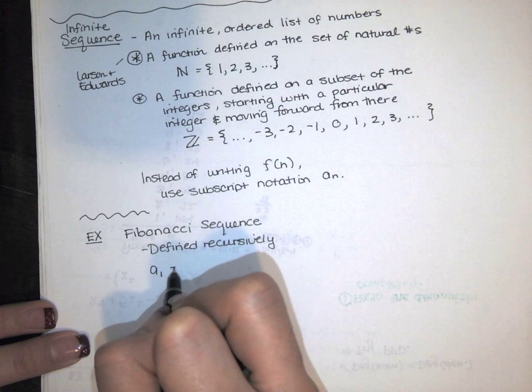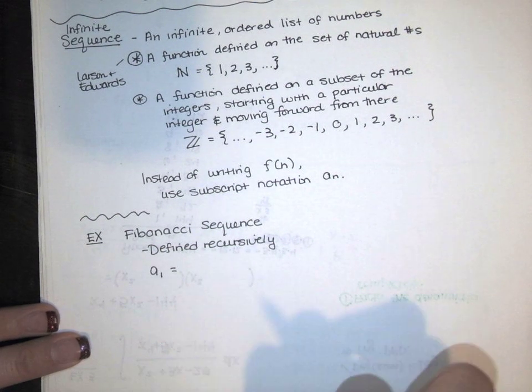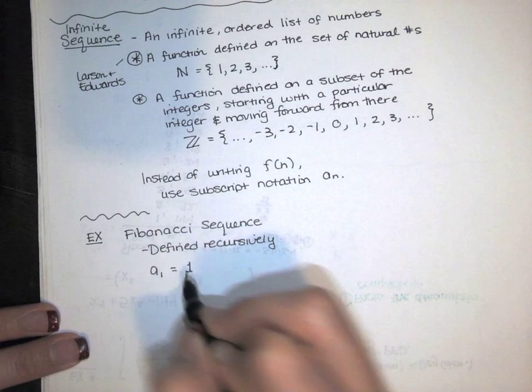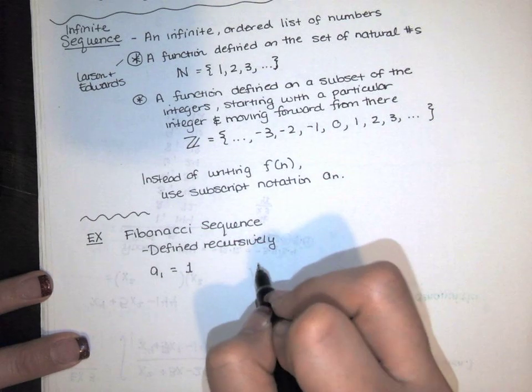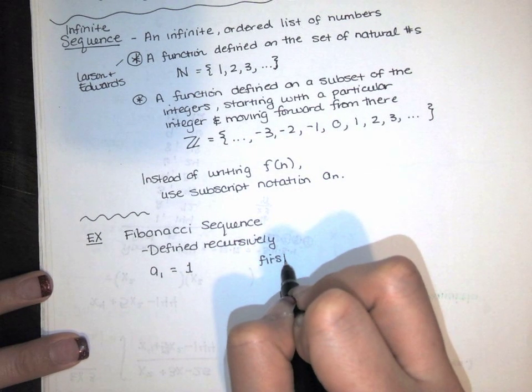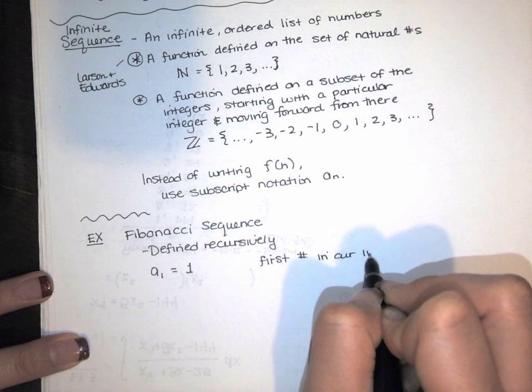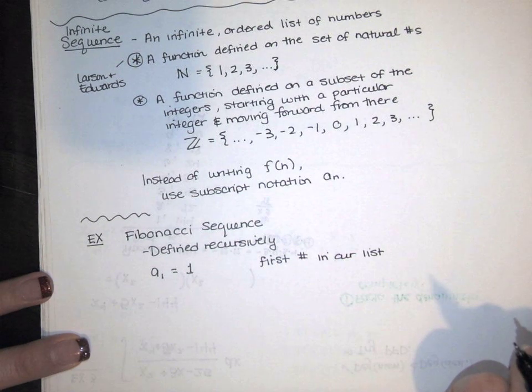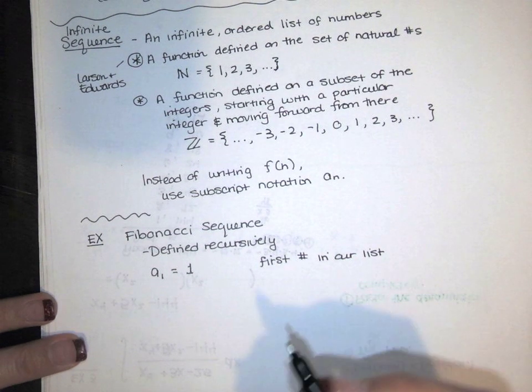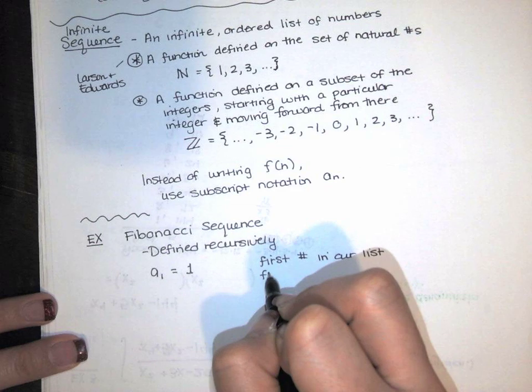A sub 1, that's the first number in our list, we call it the first term. For the Fibonacci sequence, that's 1. This is the first number in our ordered list of numbers for this sequence. So that's called the first term.